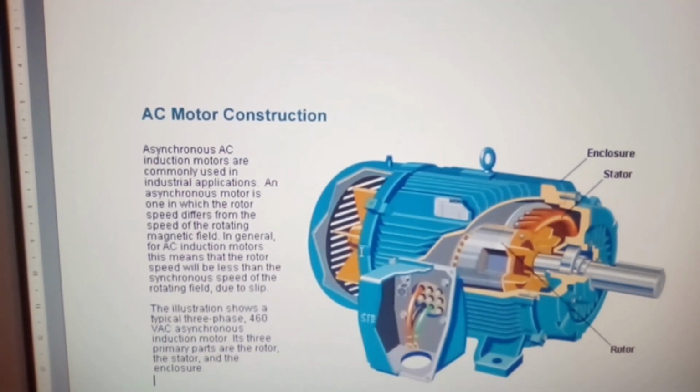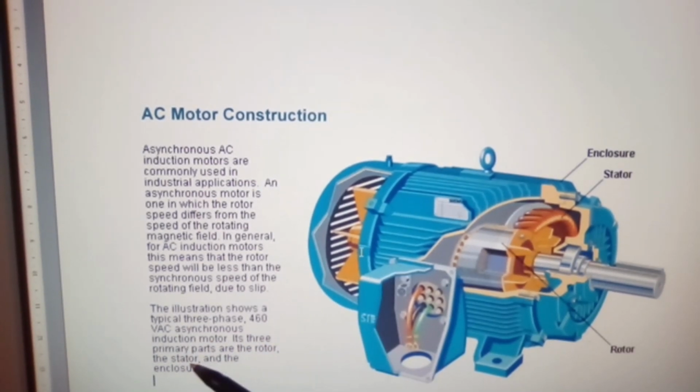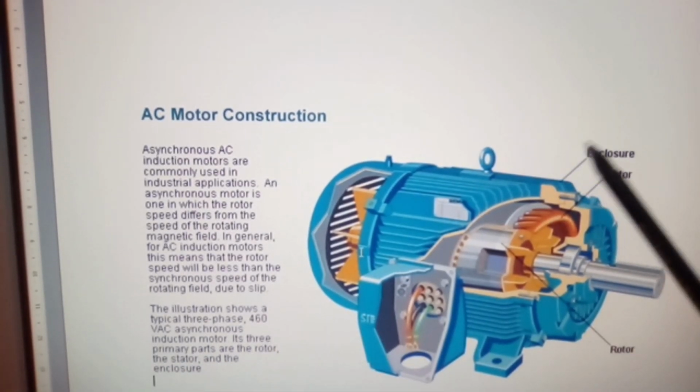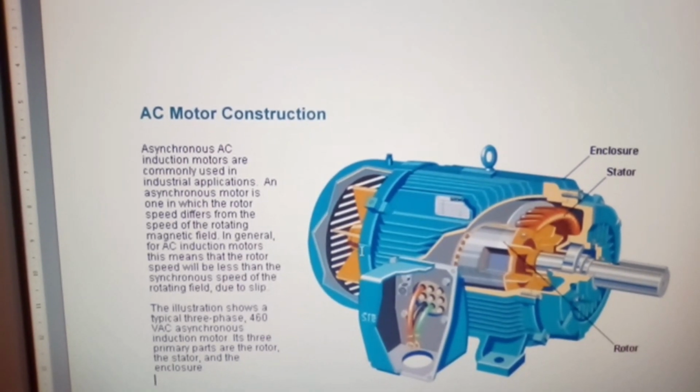Now the illustration shows a typical three-phase 460 VAC asynchronous induction motor. Its three primary parts are the rotor, the stator, and the enclosure. And here you have them labeled.